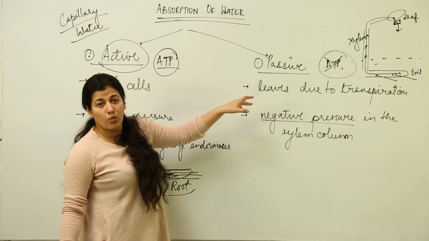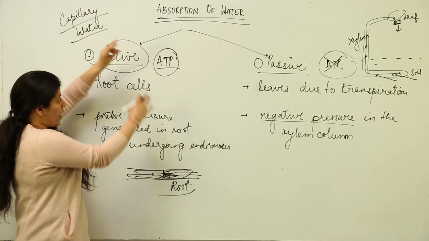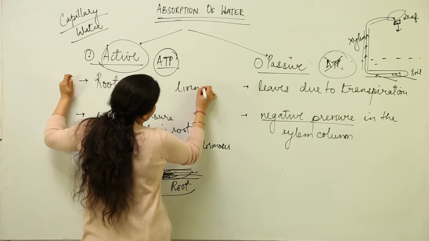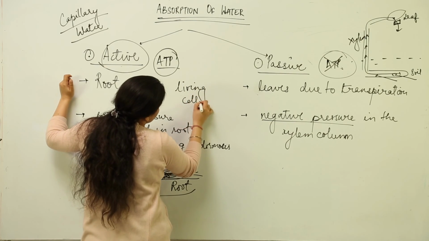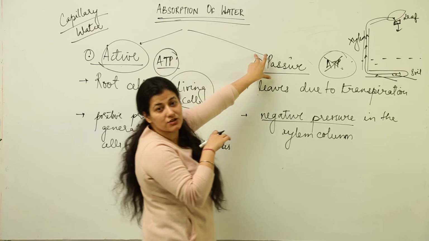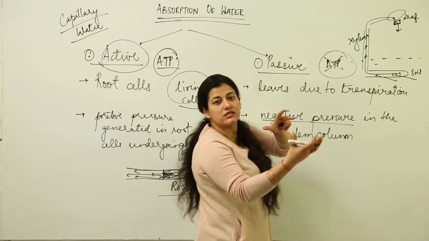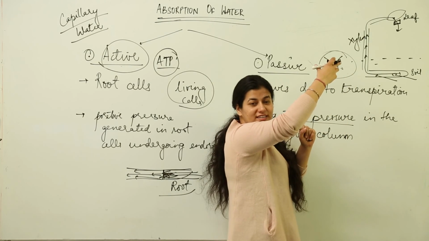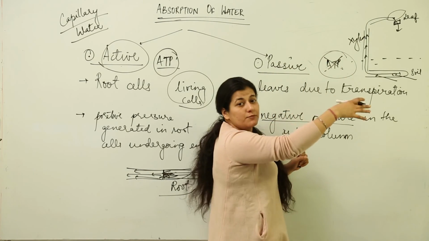Lastly, remember one thing: while active absorption involves living cells, if the cells were not living, how could you expect the utilization of ATP? In the case of passive absorption, living cells are not required. They are not of much importance because the xylem column is almost dead. It is the physical force which is required.